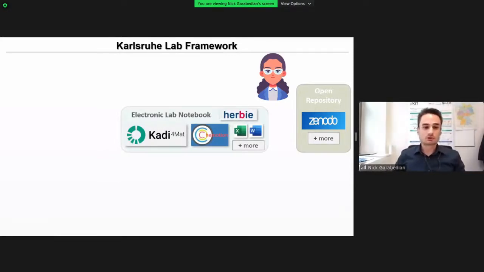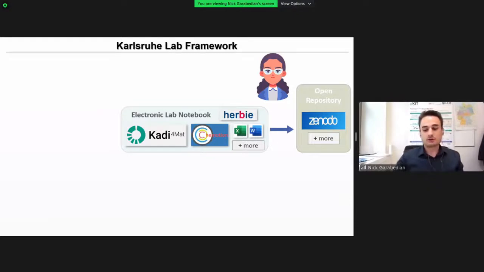Many of them work really well, and they're great for organizing the results of scientific work. Now, having your data in an electronic lab notebook makes it very easy to share to an open repository. However, the problem here is that electronic lab notebooks organize the results, and it is somewhat challenging to give richer meaning to the inputs to the electronic lab notebook.